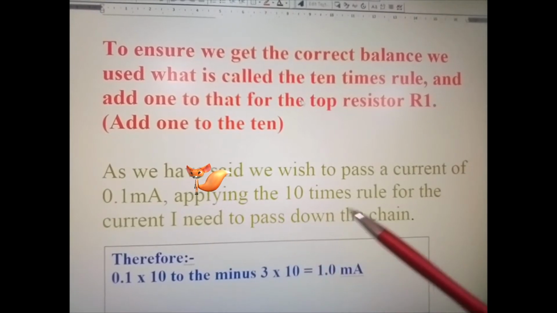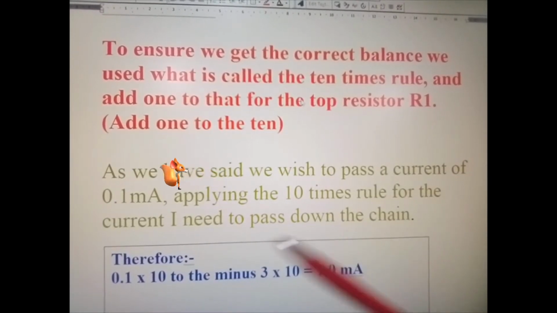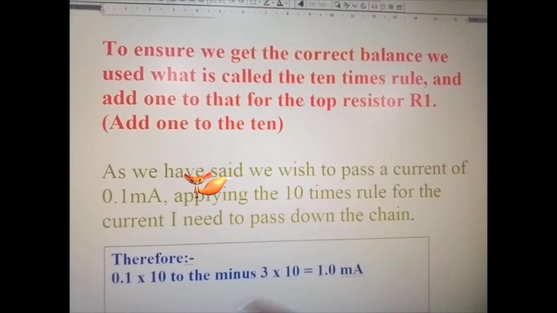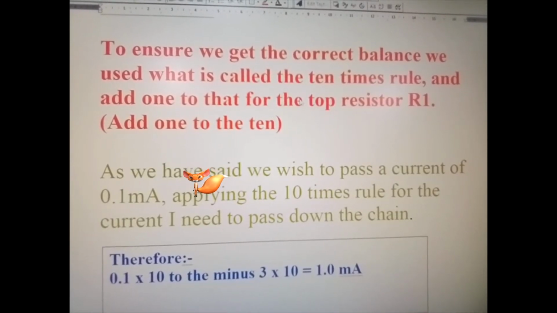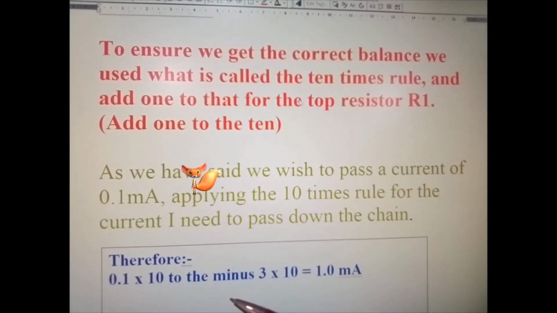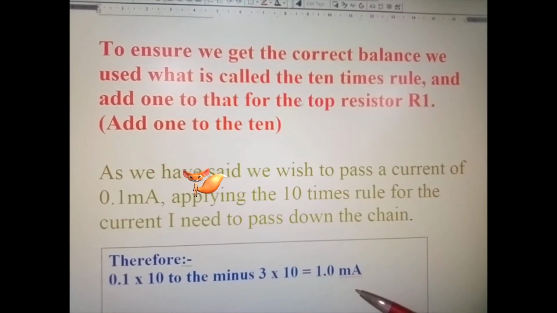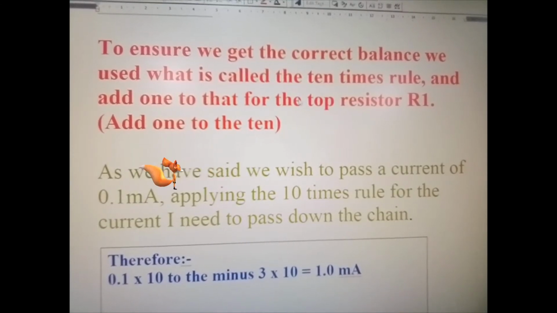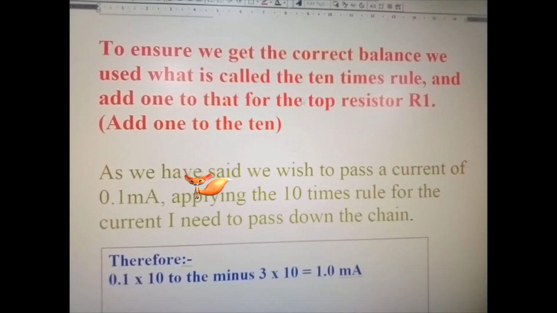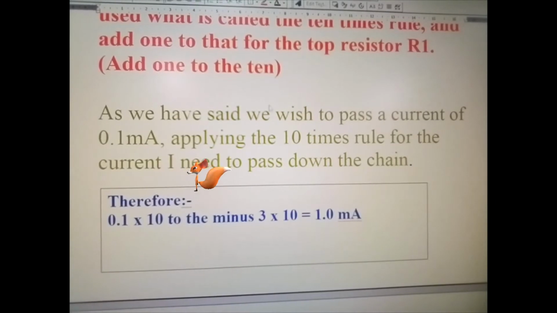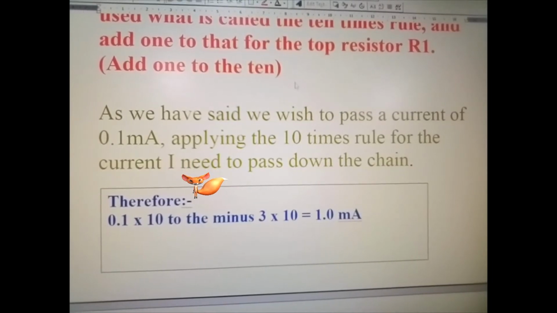Applying the 10 times rule, 0.1 times 10 to the minus 3, times 10, equals 1 milliamp.